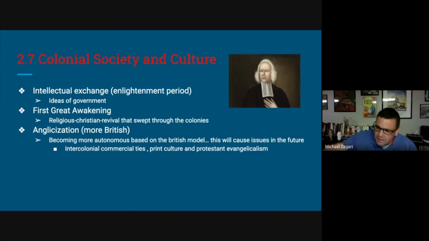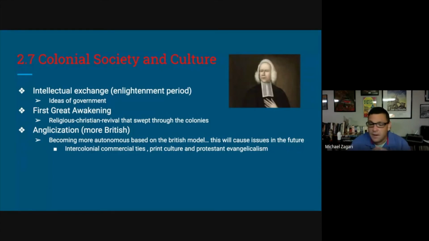Granted, there's no king and queen here in the colonies, but the distance between the colonies and Great Britain is inherently causing the colonies to create their own form of government. And what we're starting to see is that the British are allowing this to happen, this idea of salutary neglect, where the colonies are developing their own system of government.